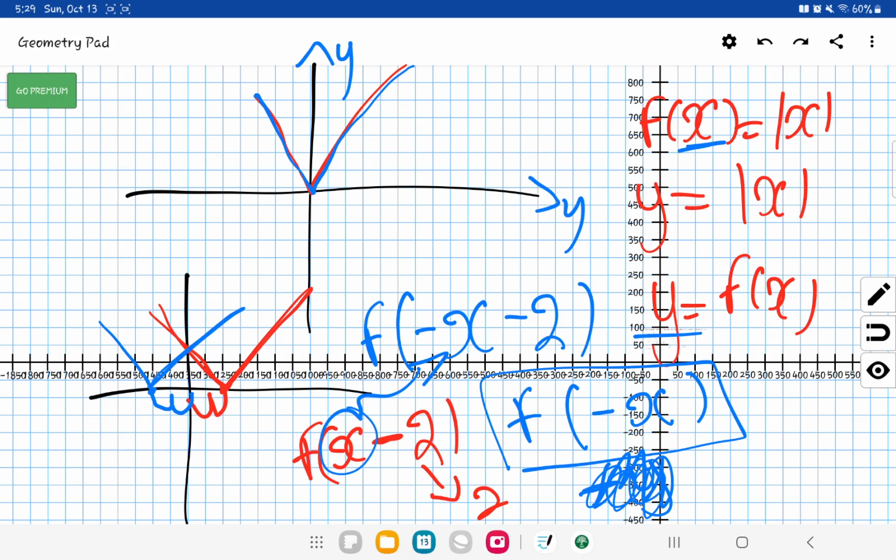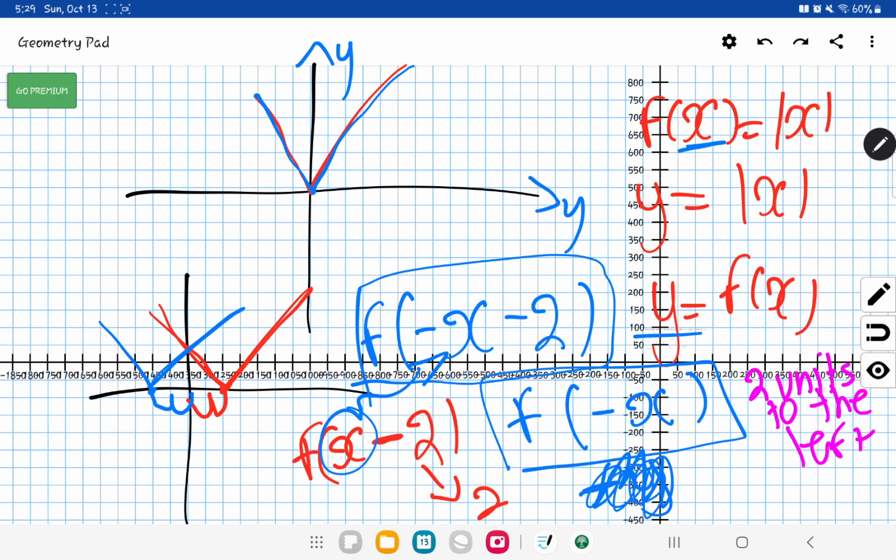So if they asked us how do we obtain f(-x-2), you can say either by doing a horizontal reflection of f(x-2) or moving 2 units to the left. Now, why 2 units to the left?